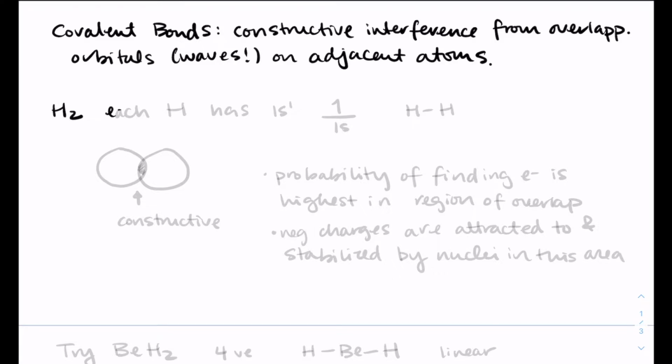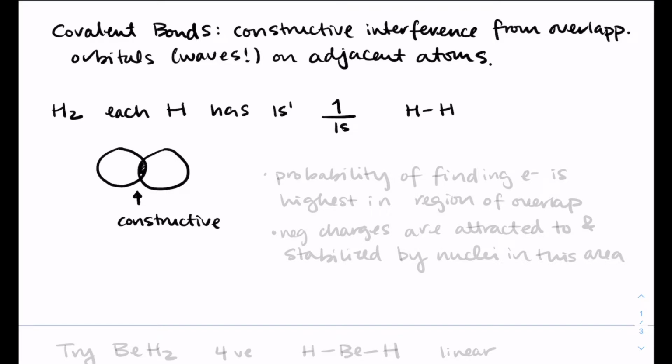If we took the s orbitals on the hydrogens and overlapped them, the probability of finding an electron would be highest in the region of overlap because we're going to have constructive interference between those orbitals. The negative charges are attracted to and stabilized by the nuclei in this area.